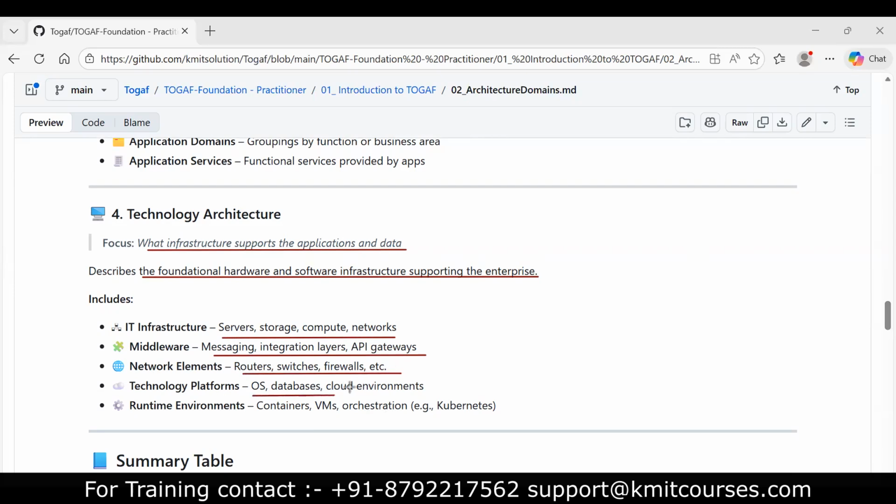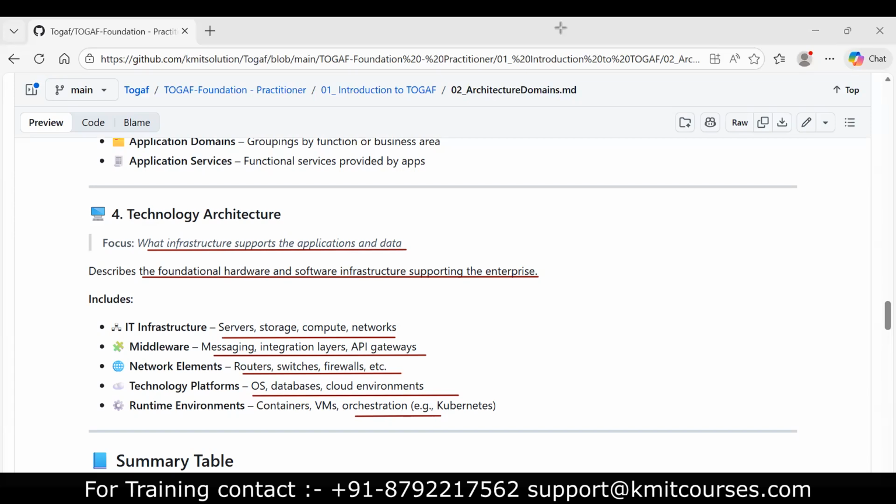Technology platforms include operating system, database, cloud environment, and runtime environments such as containers, virtual machines, and orchestration. When you use these terms, you need to know their meaning, for example what middleware means and what network elements mean.